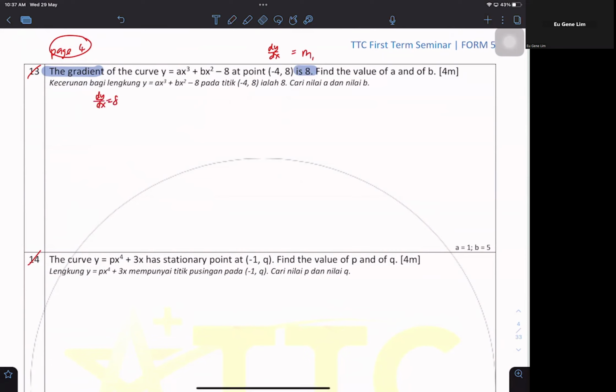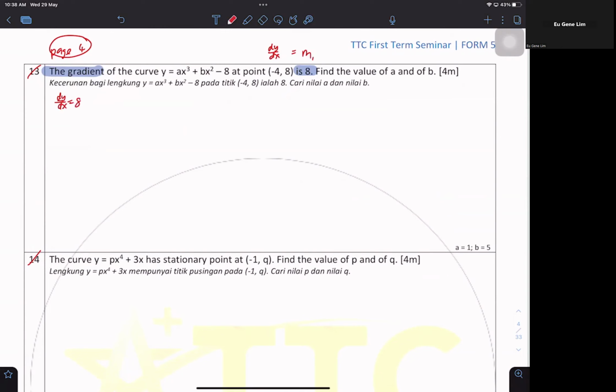The gradient means the dy dx. Dy dx is gradient, which is M1. If it is normal, they will tell you it is normal. But if they never say anything, then it is tangent.